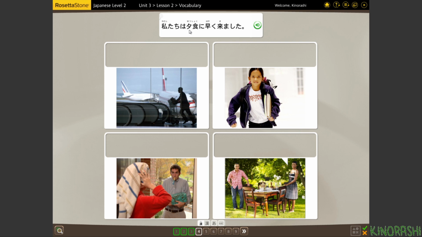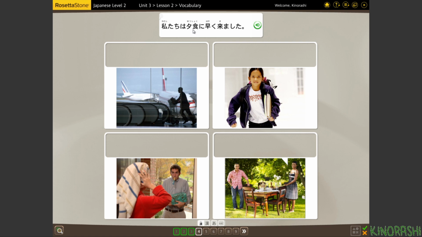Yushoku. Notice the symbol used in tabete, or tabete being to eat, and this is a symbol used in evening. And usually yu gohan is supper, but this is yushoku.